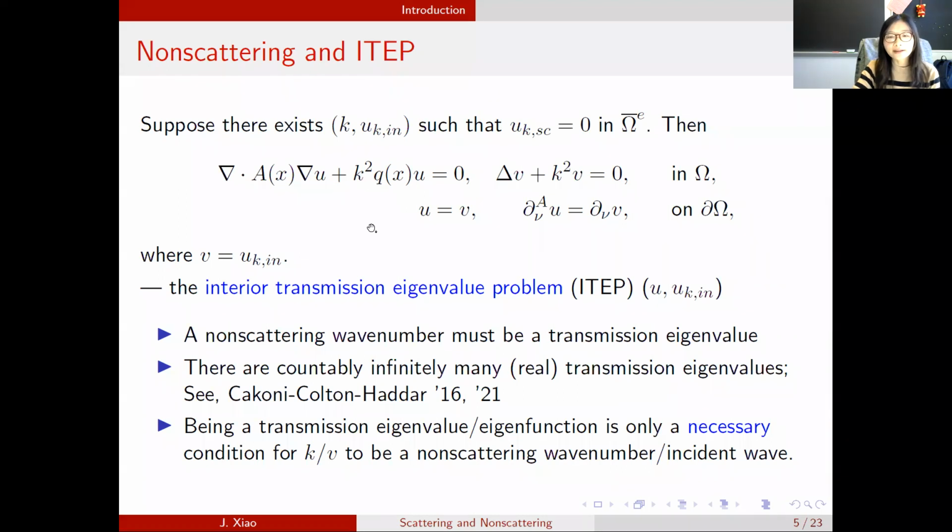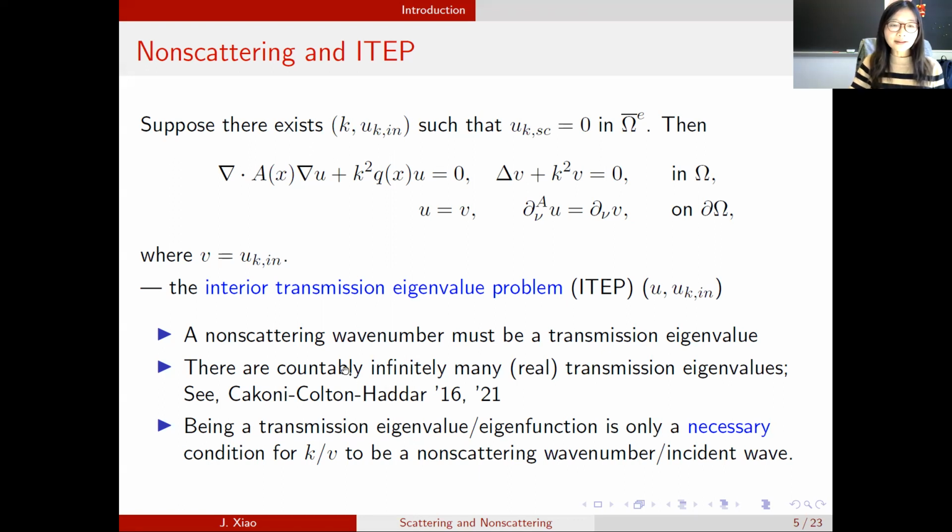In order for k to be a non-scattering wave number, we need to consider that v in the interior transmission eigenvalue problem is only a function defined inside omega. The question is whether v can be extended to the exterior of omega such that it's still a solution to the Helmholtz equation, because we need v to be the incident field. So we need v to be a solution to the equation in the whole space.